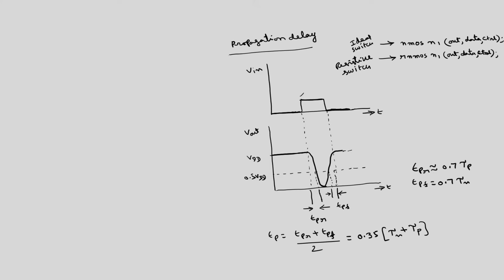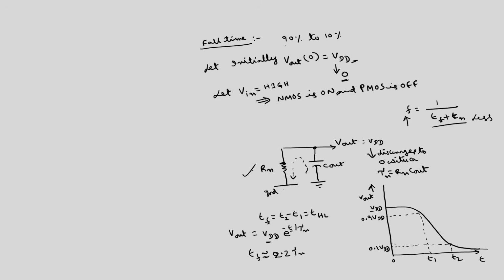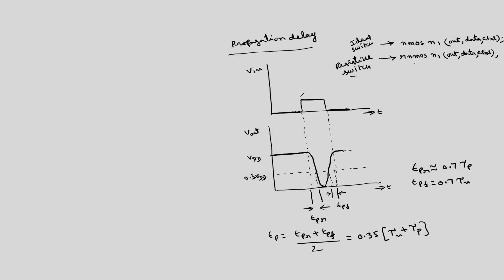The only difference between nmos and rnmos is that here we represent a resistive type of equivalent circuit, whereas in the case of just nmos, it will act as a short circuit. That is the difference. Similarly, you can write for pmos also. We have pmos for ideal, whereas rpmos is for resistive.